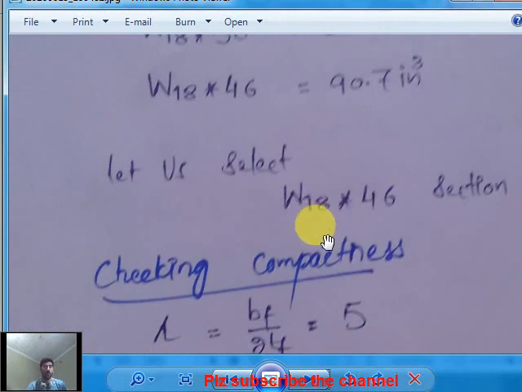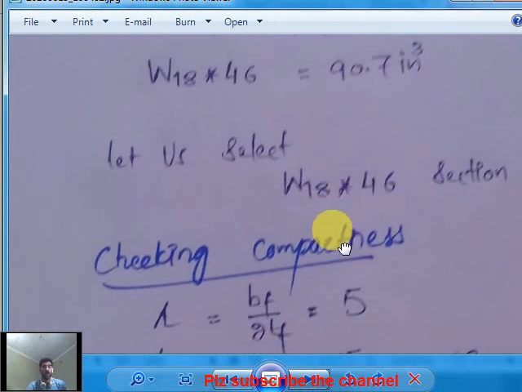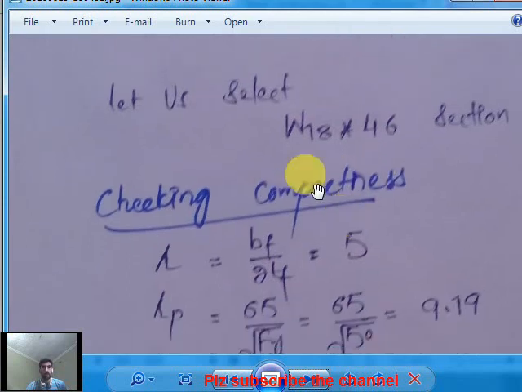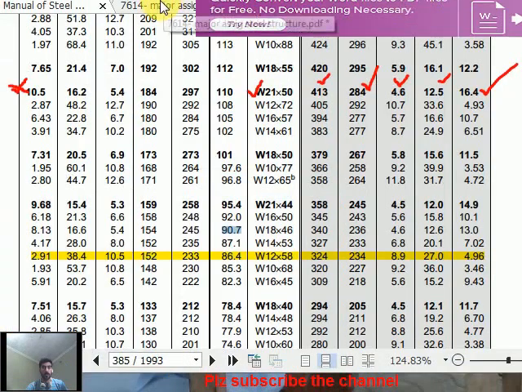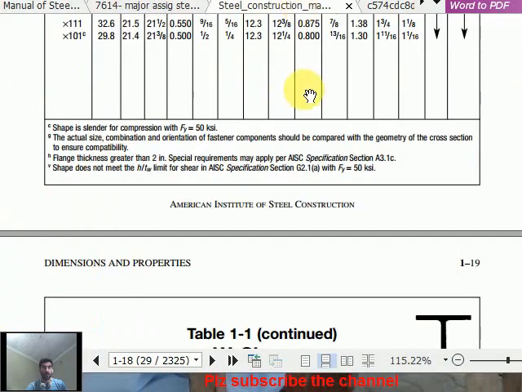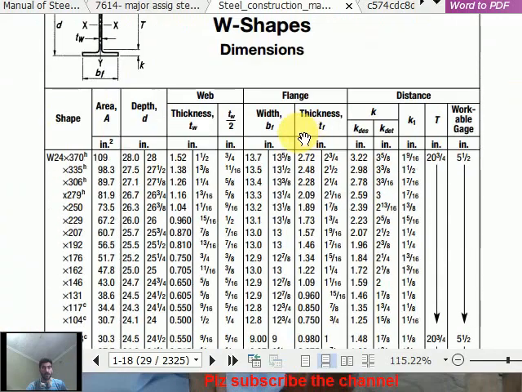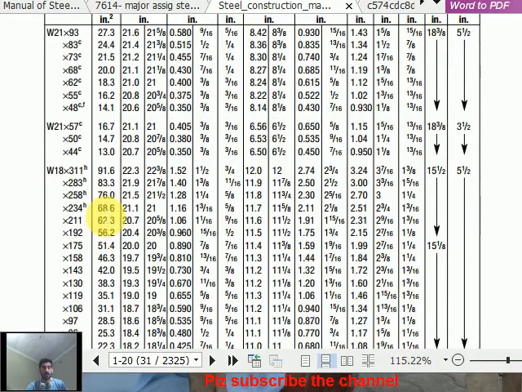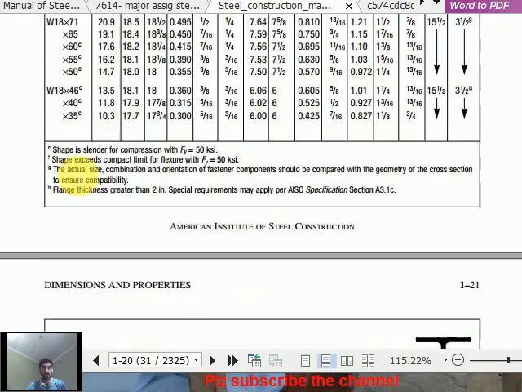We have to check the compactness of the section. Let us check it. Lambda, you know, bf divided by 2tf, that is 5. Where does it come from? You just need to go to the table of your manual, in the first chapter, and search for the section W18 46. Scroll down.